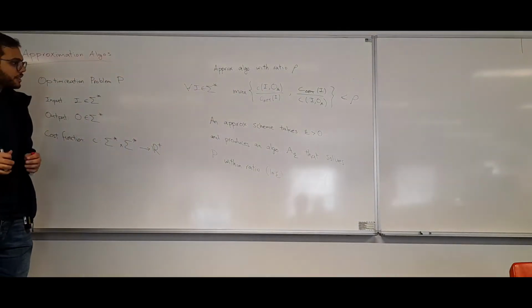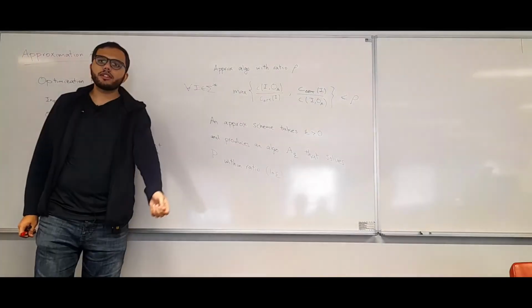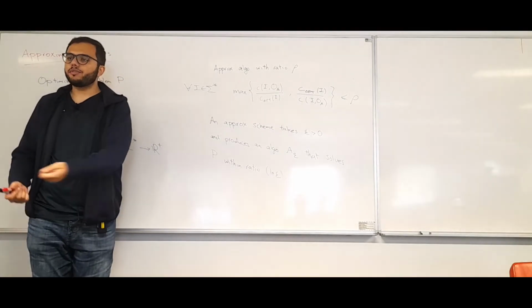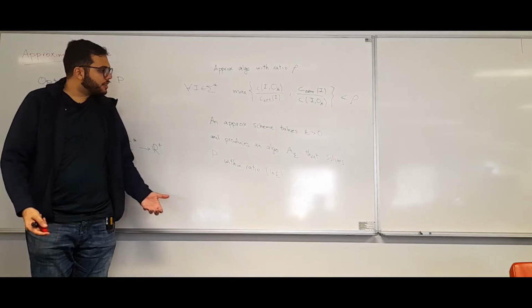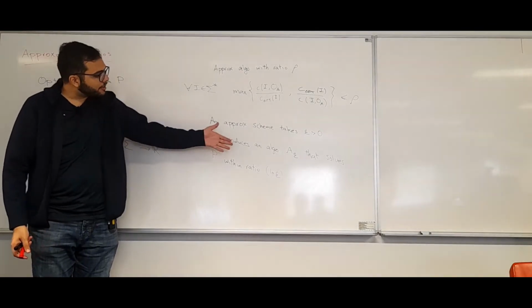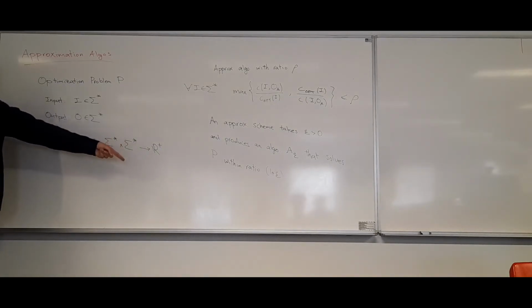Okay, so now instead of just having one algorithm, you can think about it like I give you an epsilon, and for every epsilon, you give me an algorithm, right? Or alternatively, you can think that your algorithm doesn't only get the input instance, it also gets that epsilon, like a parameterized algorithm.